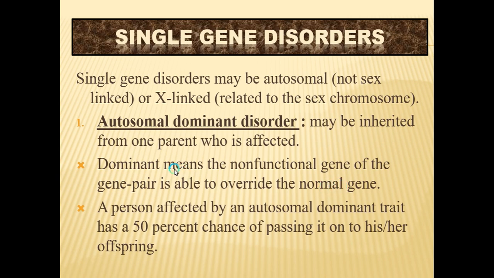Okay, so in dominant, what happens is the non-functional gene of the gene pair is able to override the normal gene. Even if only one parent is affected, a person affected by an autosomal trait has a 50% chance of passing it to his or her offspring.